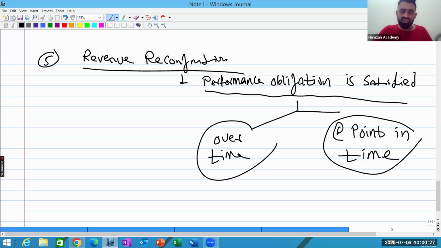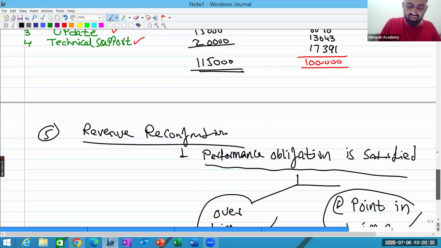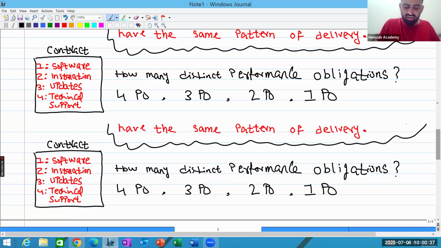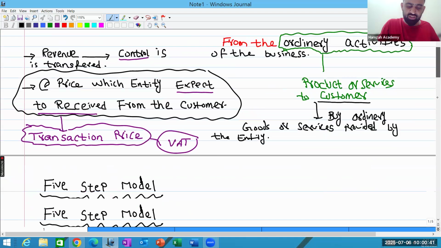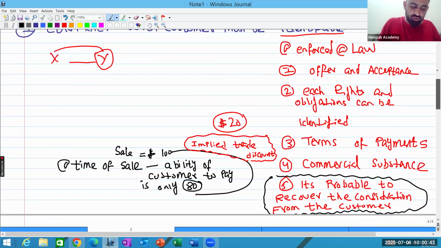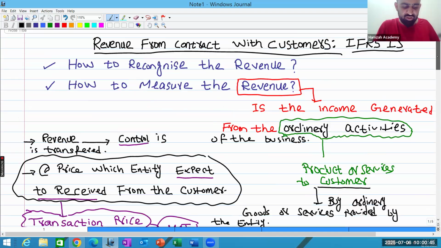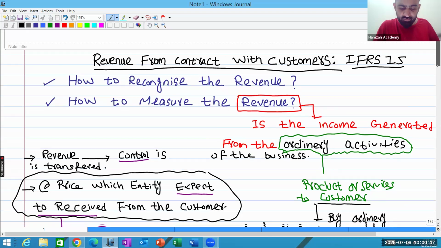Now, how it will be determined would be a separate discussion, which we will do in detail later on. But briefly speaking, this is the introduction of IFRS 15, which we are going to study: how to recognize the revenue and how to measure it.